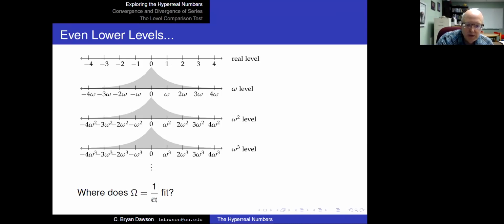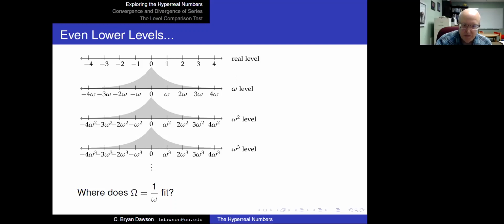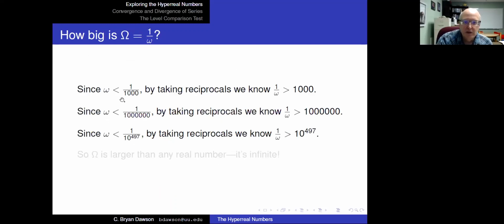So if something is infinitely small and you take its reciprocal, how large do you think that would be? Pretty big. Okay, yes, pretty big. Right, because if little omega is less than 1/1000, you can take reciprocals and that changes the direction of your inequality, right?